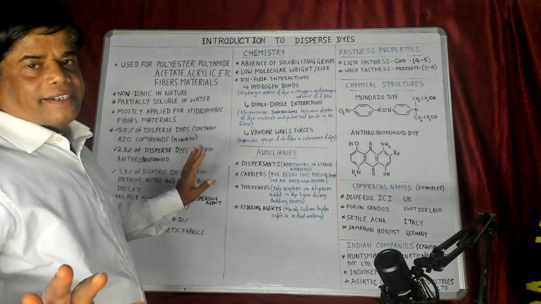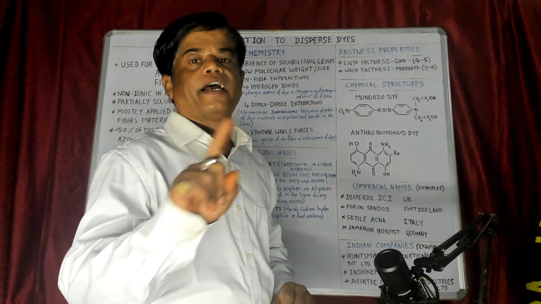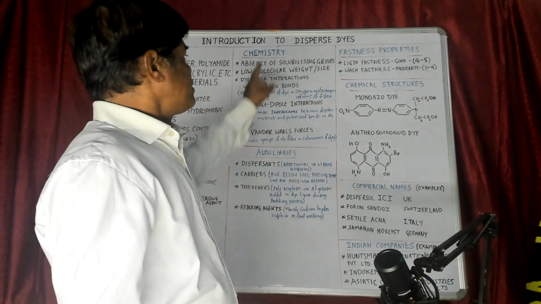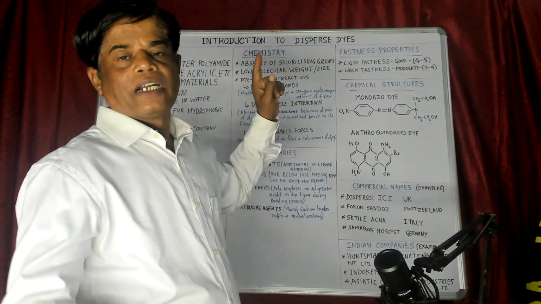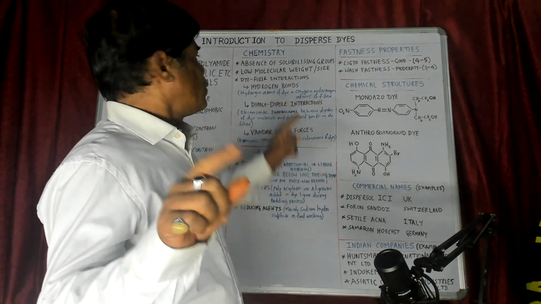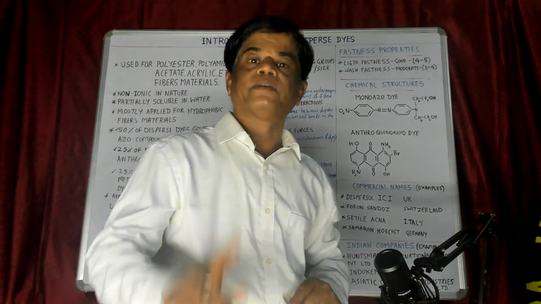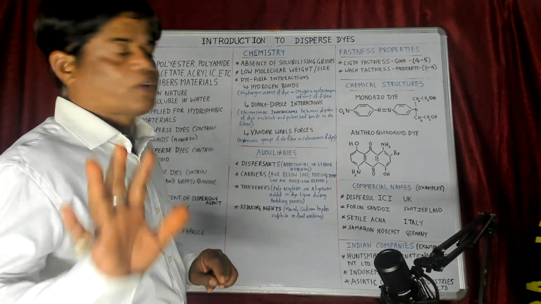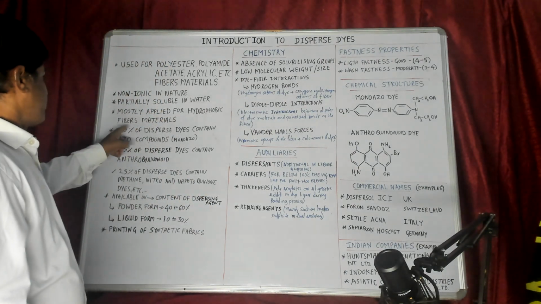So understand, this is non-ionic and non-soluble because in disperse dye chemistry, solubilizing groups are not there. That is why these are not soluble. They are mostly applied for hydrophobic fiber material.